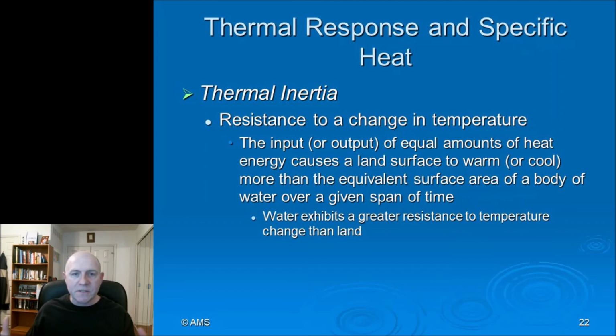This means that land and water on the Earth's surface heat up at different rates. It takes a lot more energy through time to raise the temperature of the ocean versus raise the temperature of dry land. So another term for that is thermal inertia. There's more thermal inertia in the global oceans than there is the global land masses.